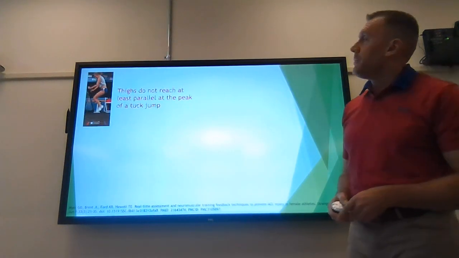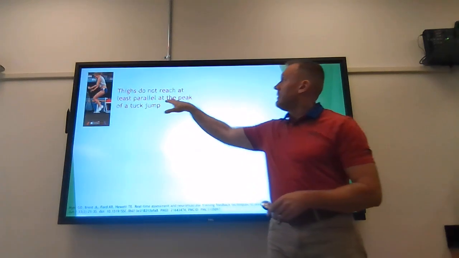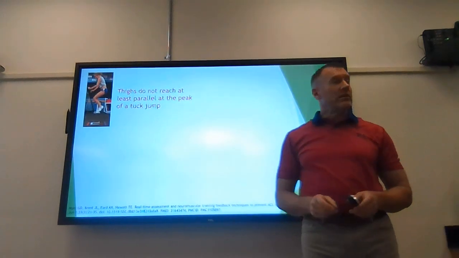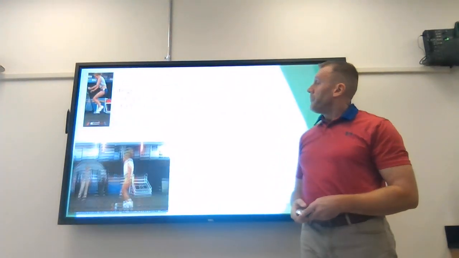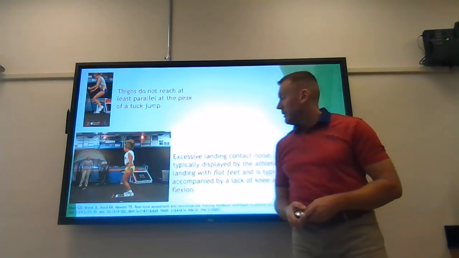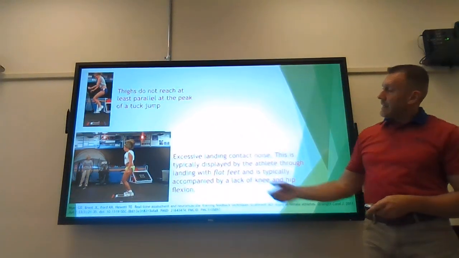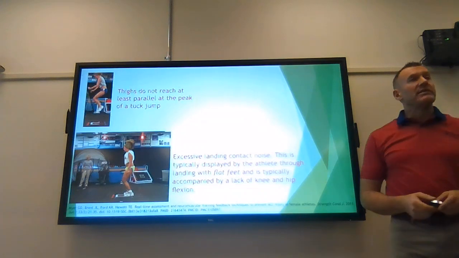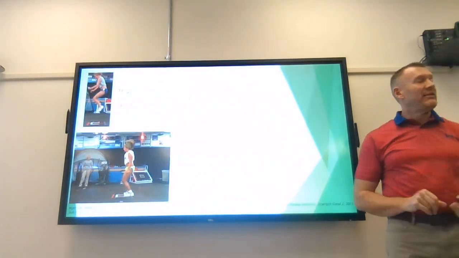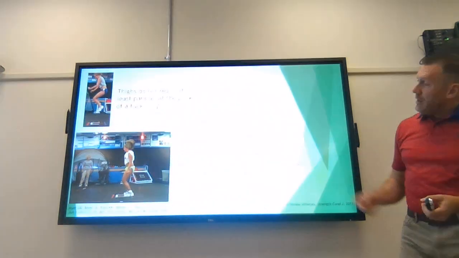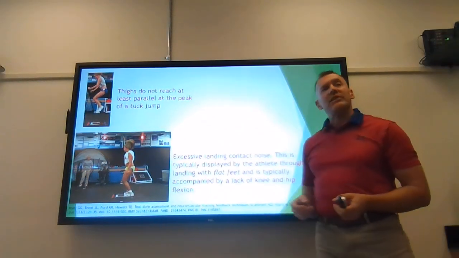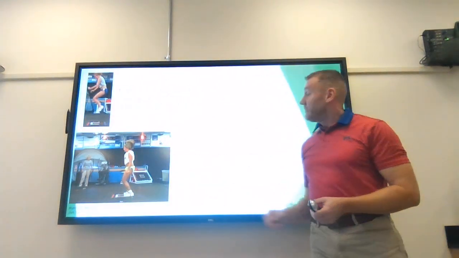Other things: the thighs do not reach at least parallel at the peak of a tuck jump. Another: excessive landing contact noise. So just slap. You can almost tell how effective a jump is by the way it sounds.